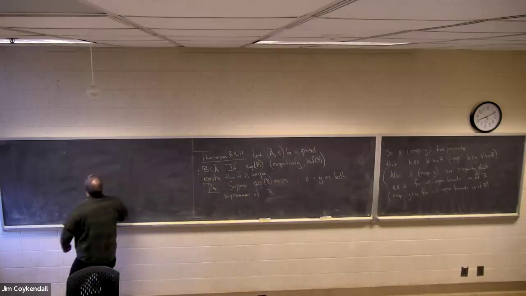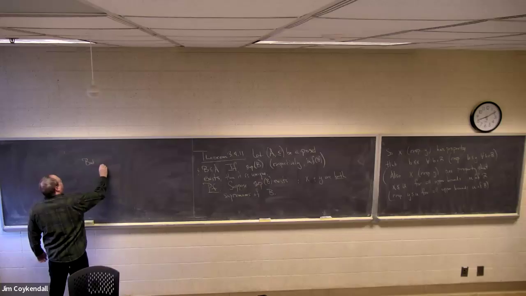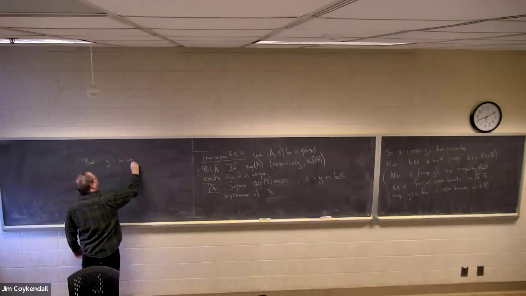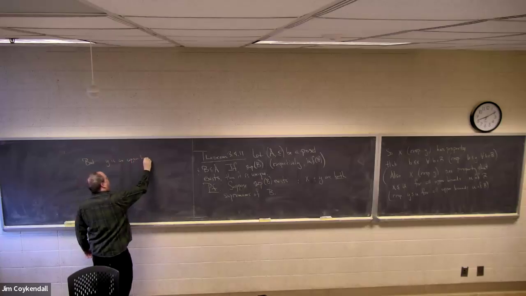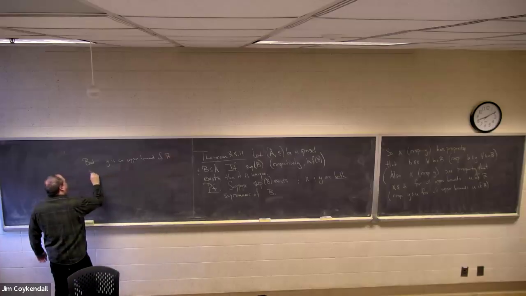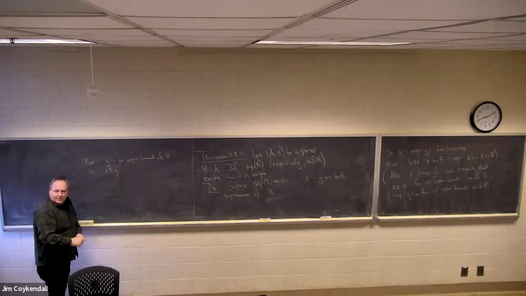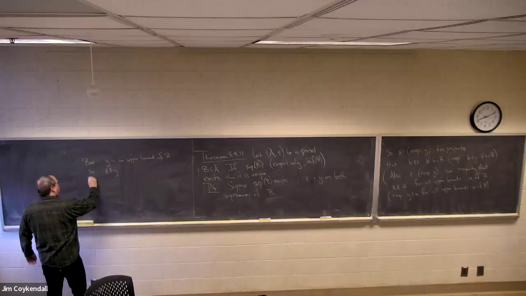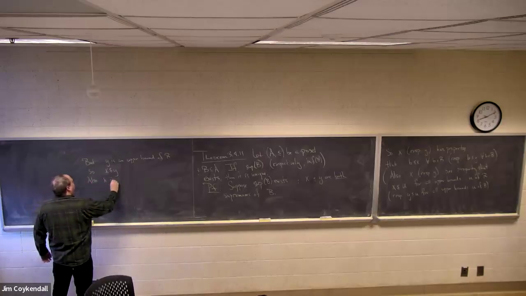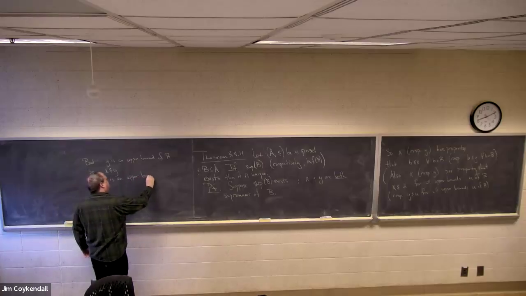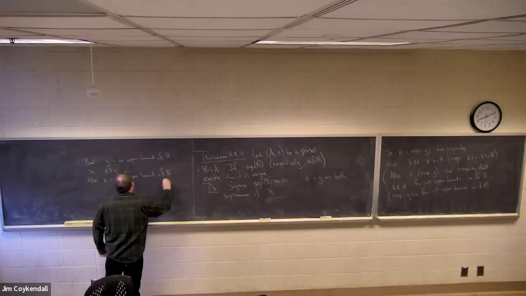But Y is an upper bound of B. So by the first statement that I have over there, X is less than or equal to Y, right? Also, X is an upper bound. Okay.